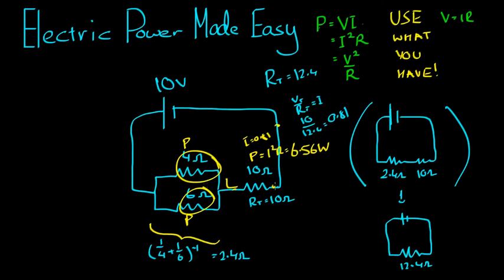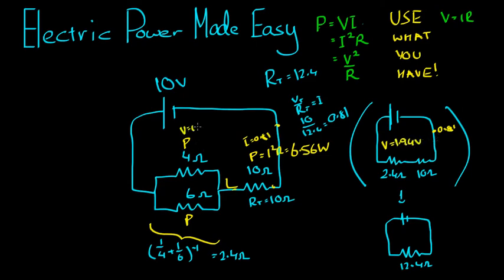Over here, I still don't know the power across either of these components. I think the best thing to do is to calculate the voltage across these components. If we modeled the circuit like this, we'd find 2.4 ohms here and 0.81 amps flowing through. So the voltage across this section of the circuit, the voltage drop, is IR, 0.81 times 2.4, which is 1.94 volts.